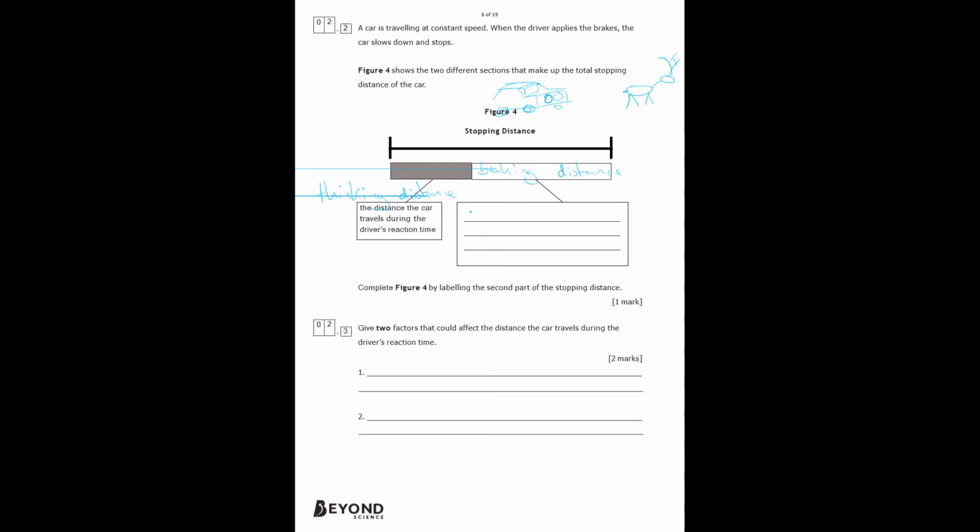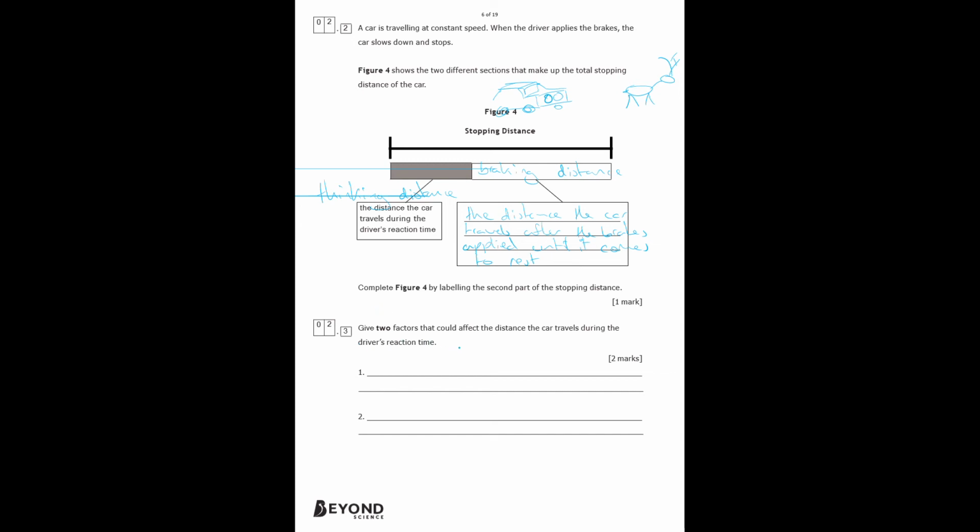So the braking distance is the distance the car travels after the brakes are applied until it comes to a halt or comes to rest, we can write. So until it stops. And that's 2.2 answered.